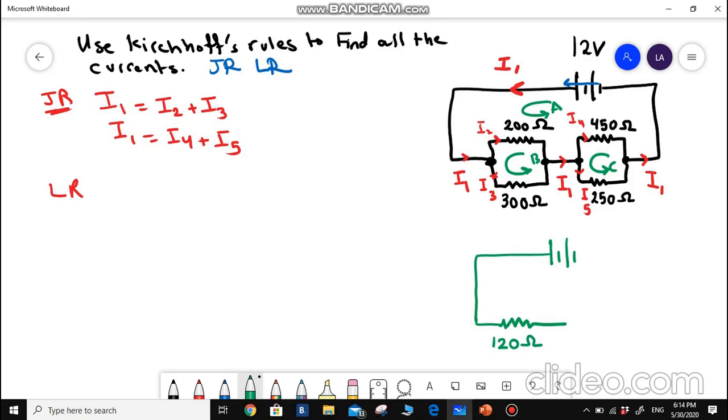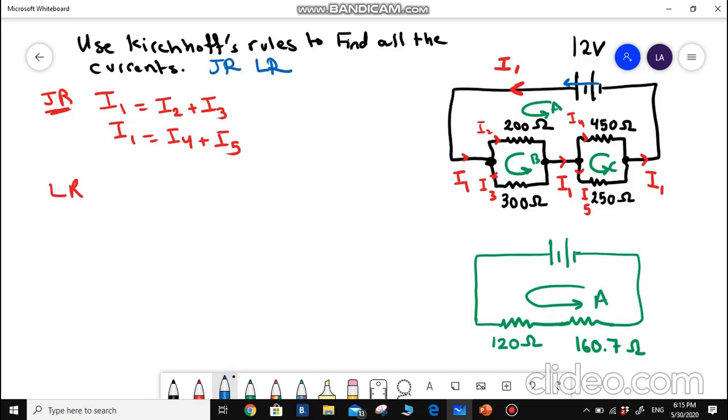You can pause the video and check that 200 and 300 in parallel result in 120 ohms as equivalent resistance. 450 and 250 in parallel will result in 160.7 ohms. So this is my simplified circuit. This will help me see clearly what's happening in loop A.